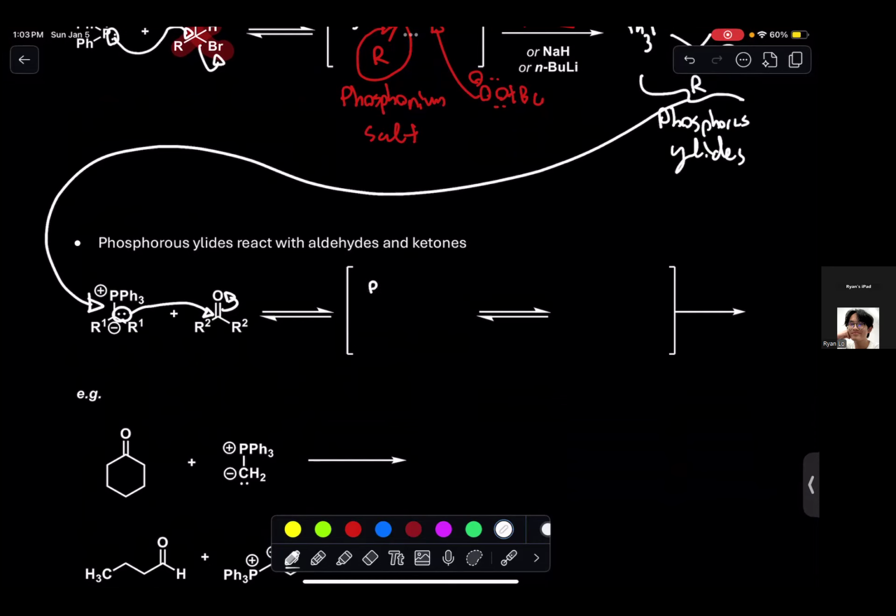Then you end up with a PPh3 plus charge, R3, R1, with a negative charge. And tack onto here.